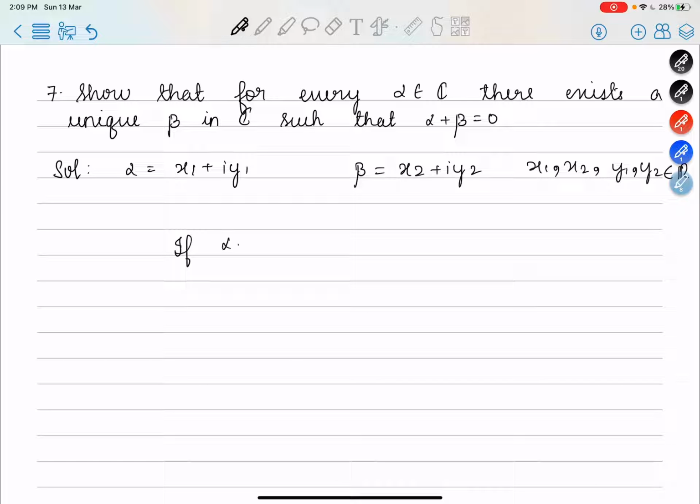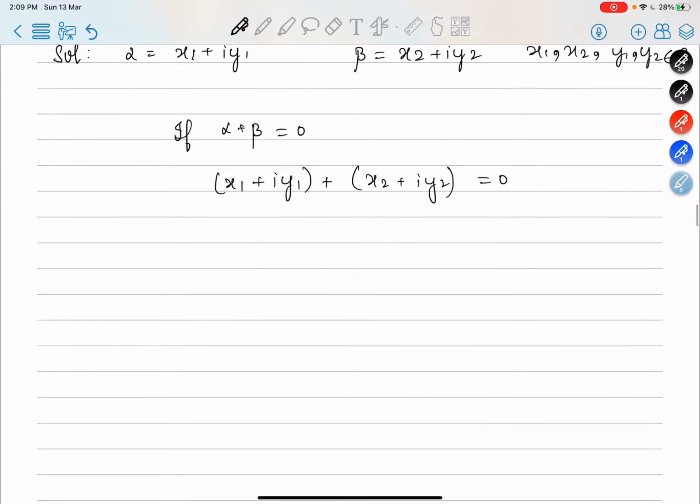If alpha plus beta is 0, then x1 plus iy1 plus x2 plus iy2 is 0. So adding the real parts together and the imaginary parts together, I'll get x1 plus x2 plus i times (y1 plus y2) is 0.